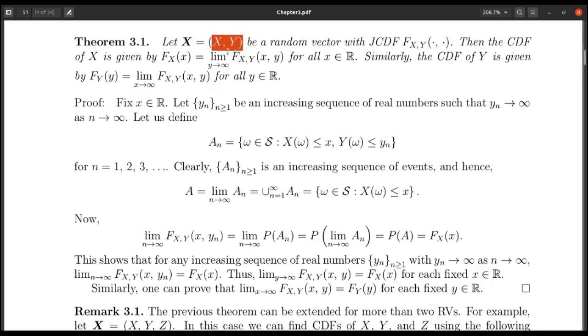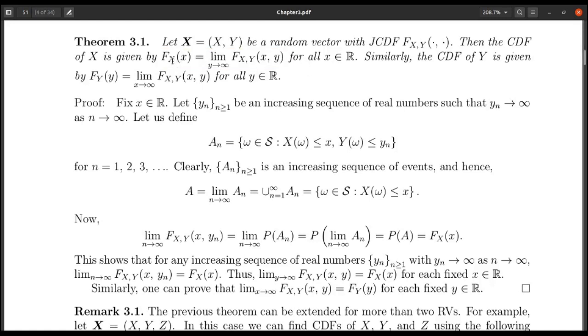Just remember that if (x, y) is a random vector, then each component is a random variable, so they will have a cumulative distribution function, and that can be found from the joint cumulative distribution function. The formula is basically this.